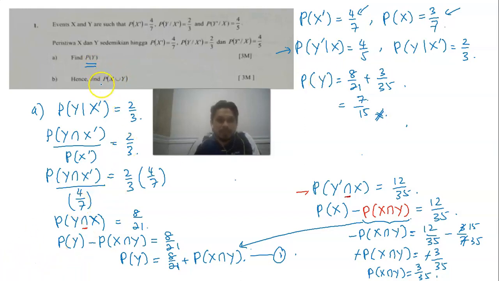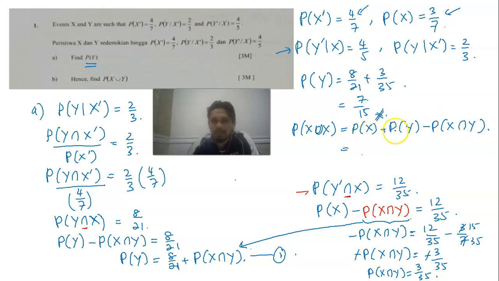Okay, so find probability of x union y. Probability of x union y equal to probability of x plus probability of y minus probability of x intersect y. So do we have all these probabilities of x, y, and x intersect y? Let's find it together. Probability of x, we have this. Probability of y, we got it just now. Okay, and then probability of x intersect y, 3 over 35 is all that.